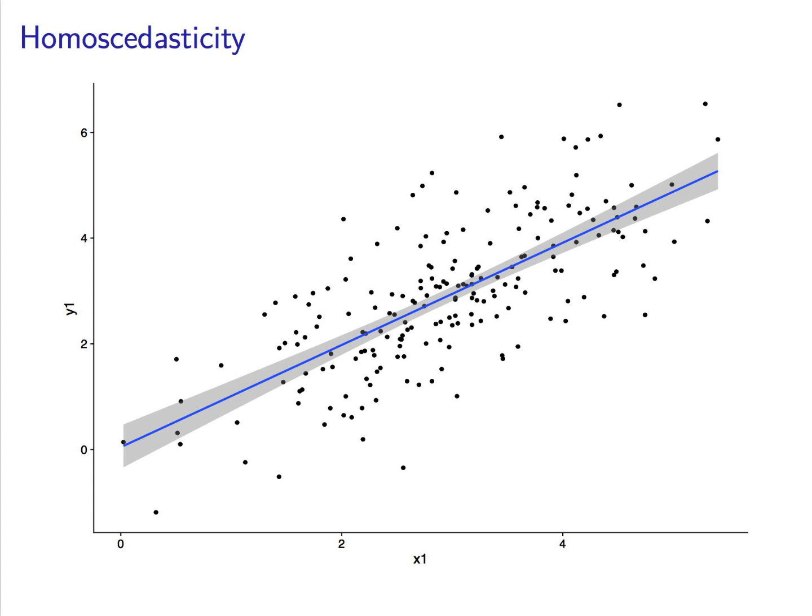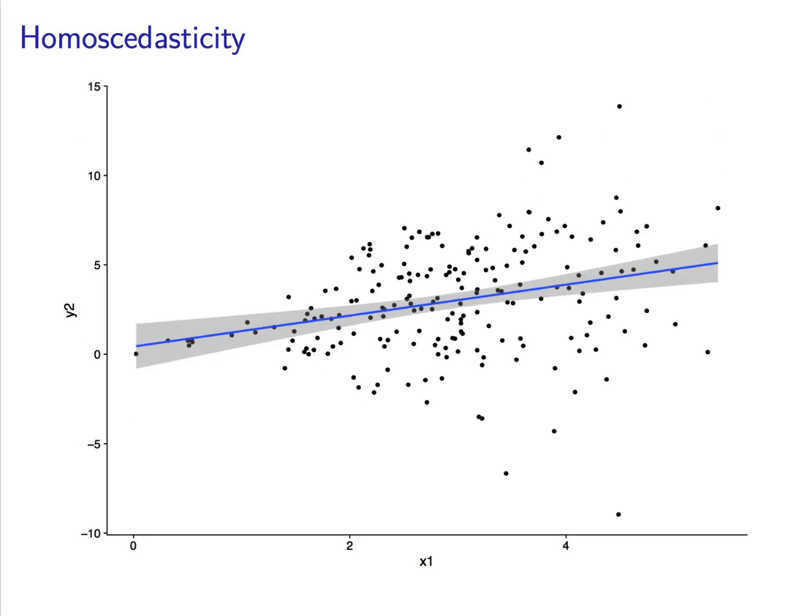And the variance around that line looks fairly constant along the line. This relationship, however, looks pretty bad. As you can see here at the lower end, the variance of error terms is very small. They're all very close to the line. And as we move out, the variance increases, the spread around that line increases a lot.